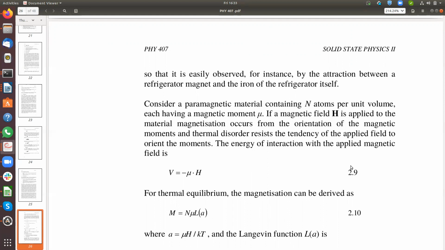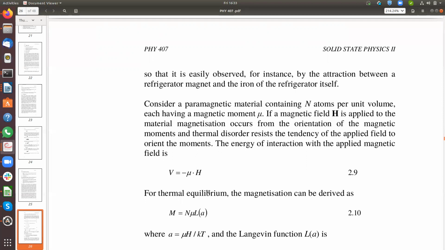If a magnetic field H is applied to the material, magnetization occurs from the orientation of the magnetic moments, and the thermal disorder resists the tendency of the applied field to orient the moments. The energy of interaction with the applied magnetic field is V equals minus mu dot H. Mu here is the magnetic moment, and H here is the magnetic field.